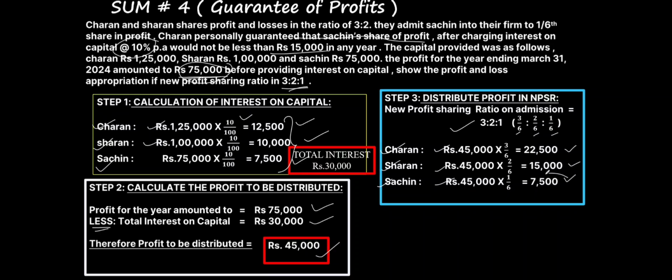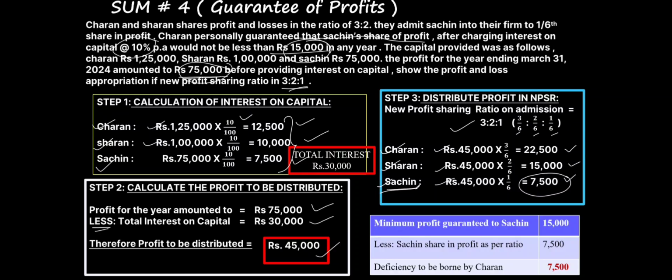Now when we compare the new partner's profit, he is getting only 7,500, but Charan has personally guaranteed to Sachin that he will receive rupees 15,000 as the profit in the firm. So therefore, there is a deficiency of profit for the new partner Sachin. So how much is the deficiency here, which has to be adjusted by Charan?